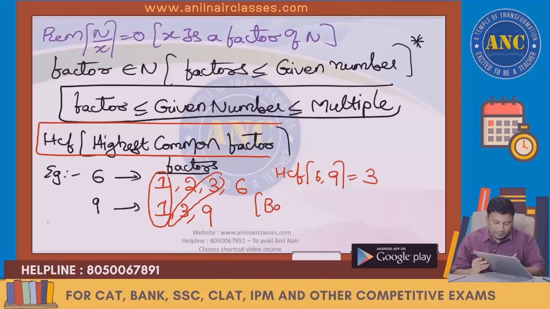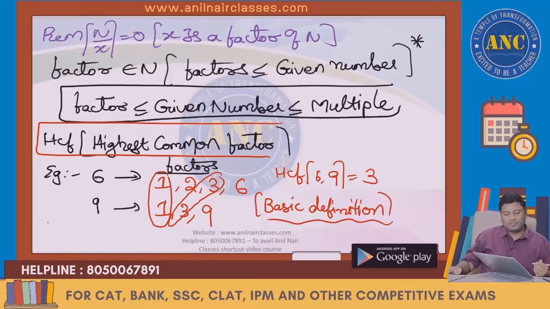Basic definition: HCF of 6, 9 is nothing but 3. What we did was take a number. Factor should be less than or equivalent to the given number. We found all the numbers which perfectly divide 6: 1 will divide, 2 will divide, 3 will divide, 6 will divide.